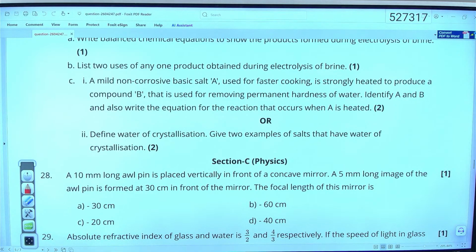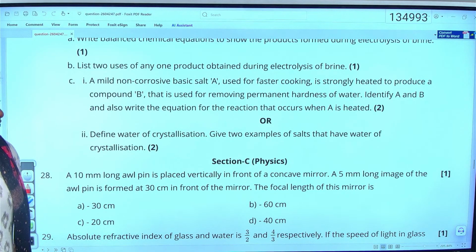Strongly heated, it produces compound B, which is sodium carbonate, Na2CO3. For permanent hardness we use washing soda.